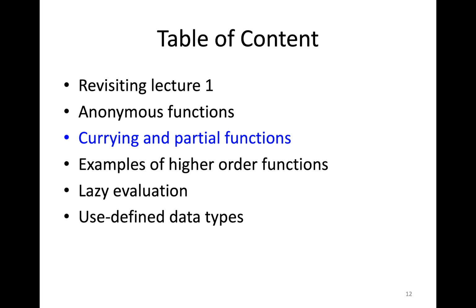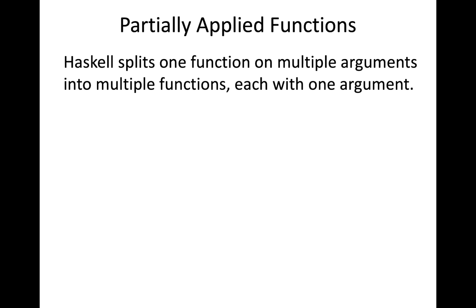Okay, now a fundamental concept in Haskell, and that is currying and partial functions. What is a partial function in Haskell? When there is a function with multiple parameters, then under the hood, Haskell splits that function into multiple functions where each function has only one parameter.